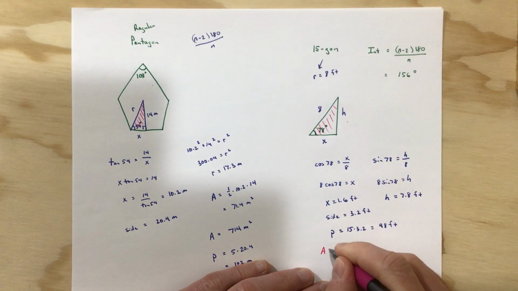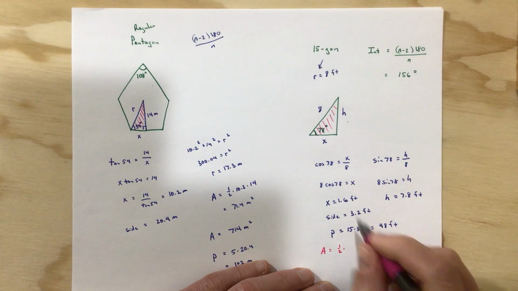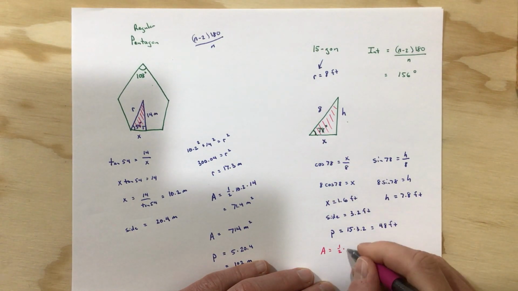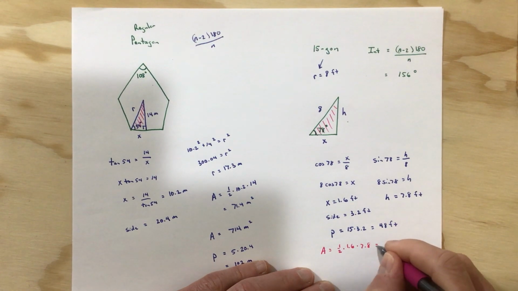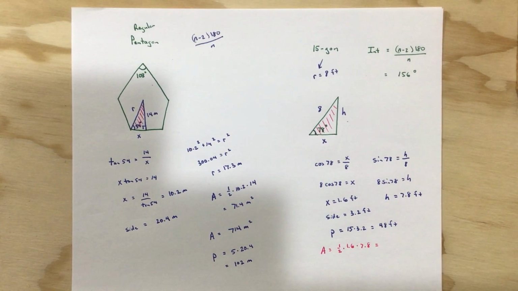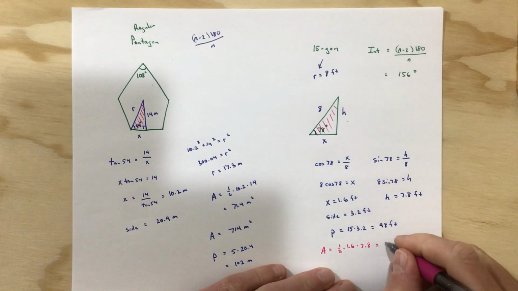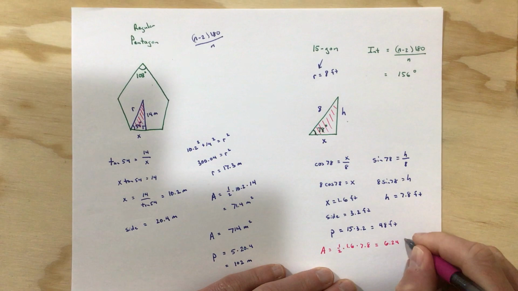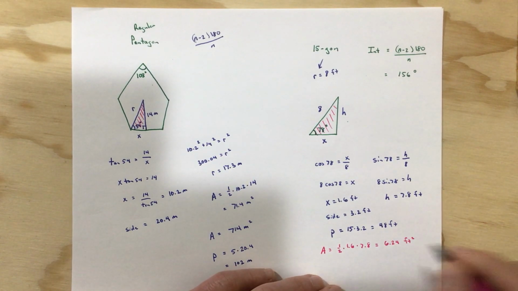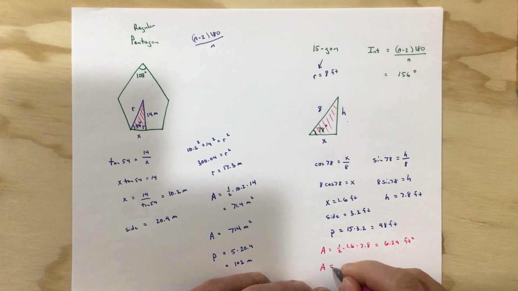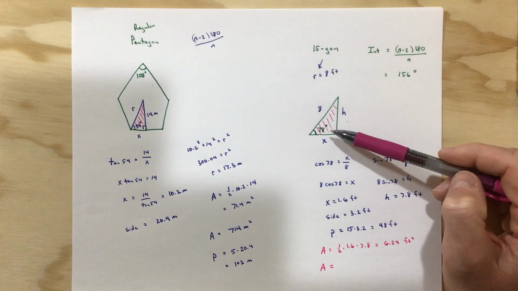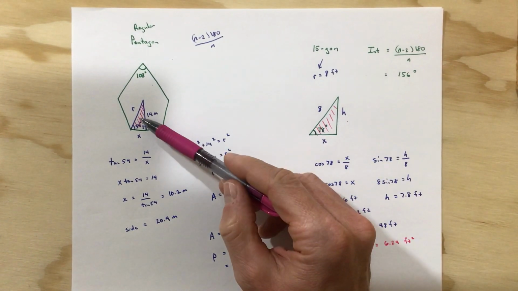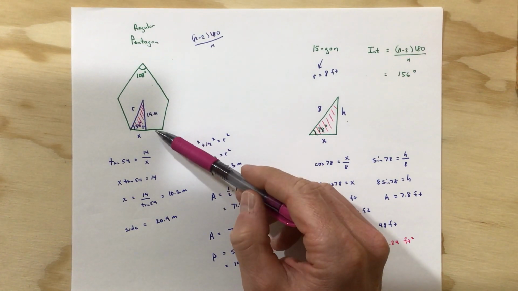The area of this little triangle, right? The area of the little guy is 1/2 the base, which is x, 1.6, times the height, which is 7.8. So 1/2 times 1.6 times 7.8 is going to be 6.24, and that's square feet. And again, the area of the big guy, the 15-gon, remember, the little triangle is half of, I guess, one of the bigger triangles.